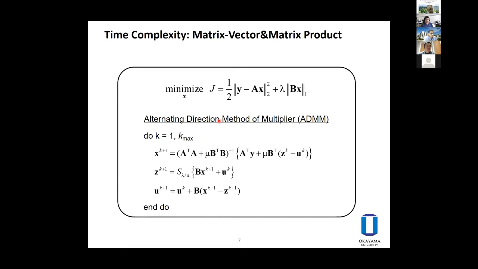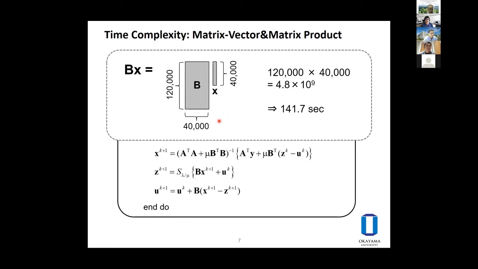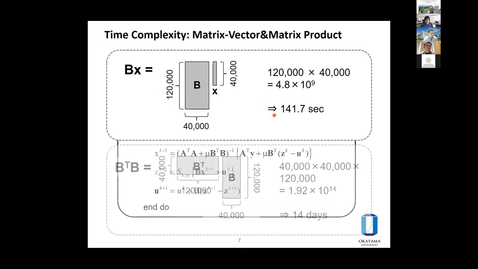But when we naively solve the benchmark examples using lasso, it takes an enormous amount of time. For example, let's think about the matrix-vector product B times X. It takes about 142 seconds. And in ADMM, we have to do this operation many times, like 1,000 to 10,000 times. So this is impractical.